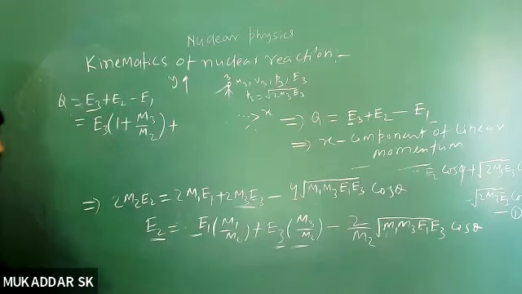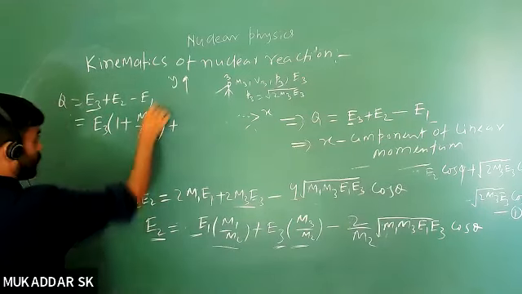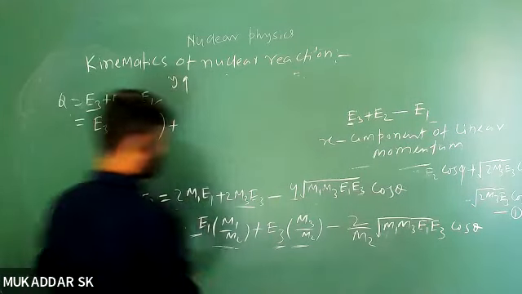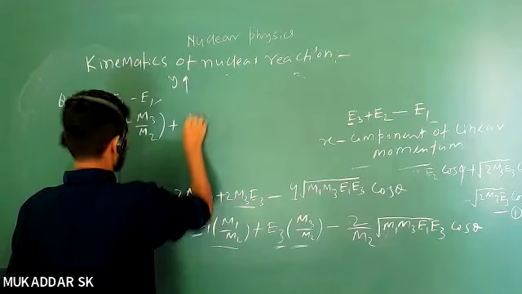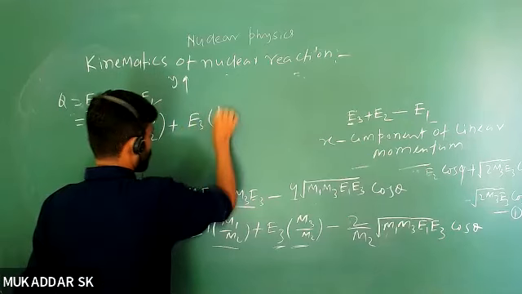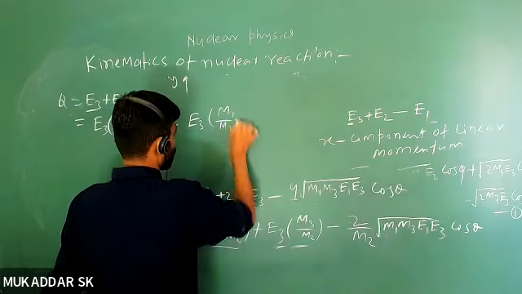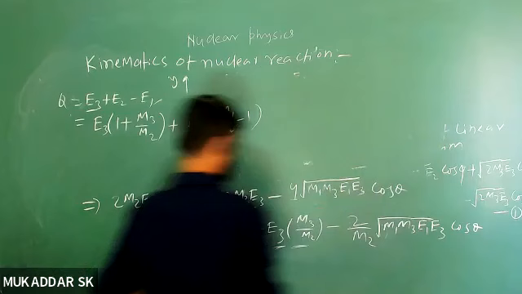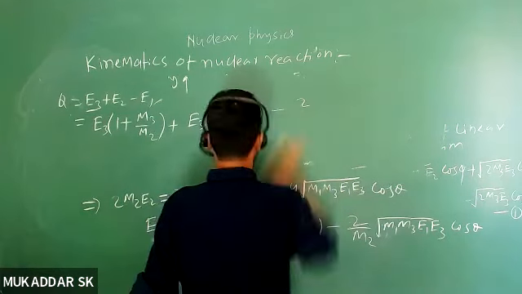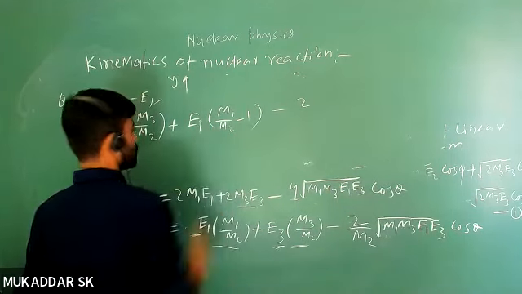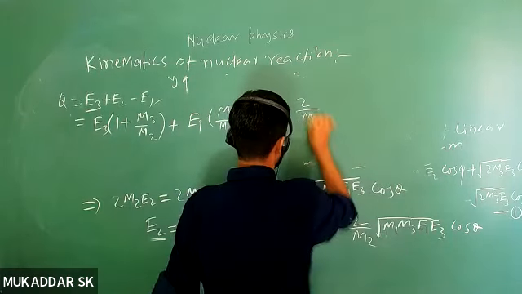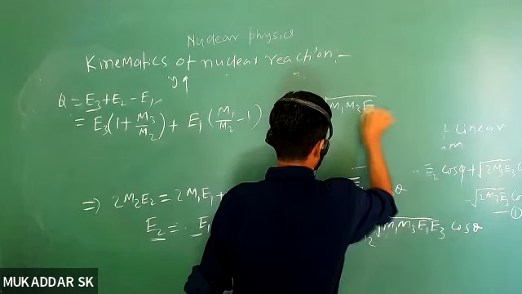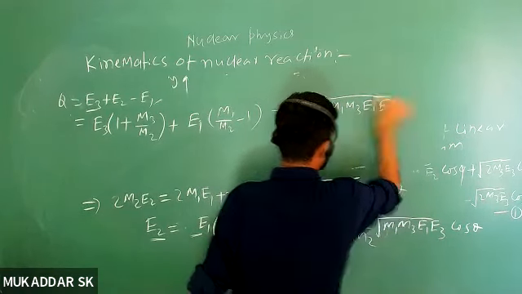Then there will be a common E1. Here you have E1, here you have E1. So that will give you E1 times M1 by M2 minus 1. Okay, and the last term is minus twice 2 by M2 root over M1 M3 E1 E3 cos theta.